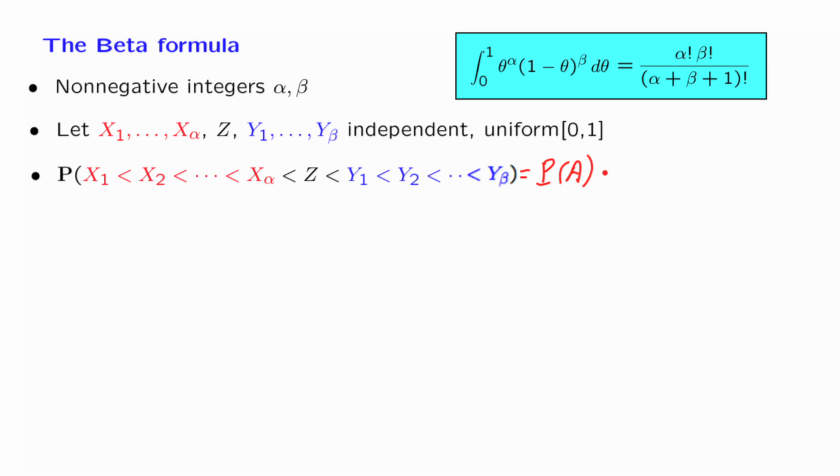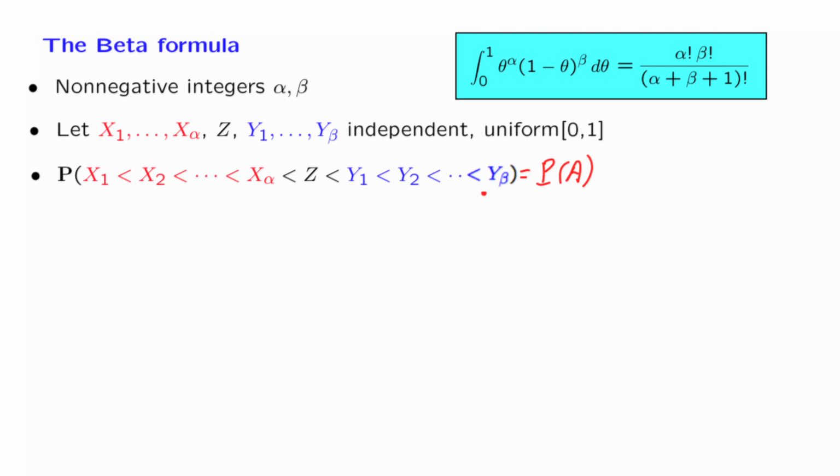Now this probability is not hard to calculate. We have alpha plus beta plus 1 random variables, independent, identically distributed. By symmetry, any particular way of ordering these random variables is equally likely. How many ways are there to order alpha plus beta plus 1 random variables?